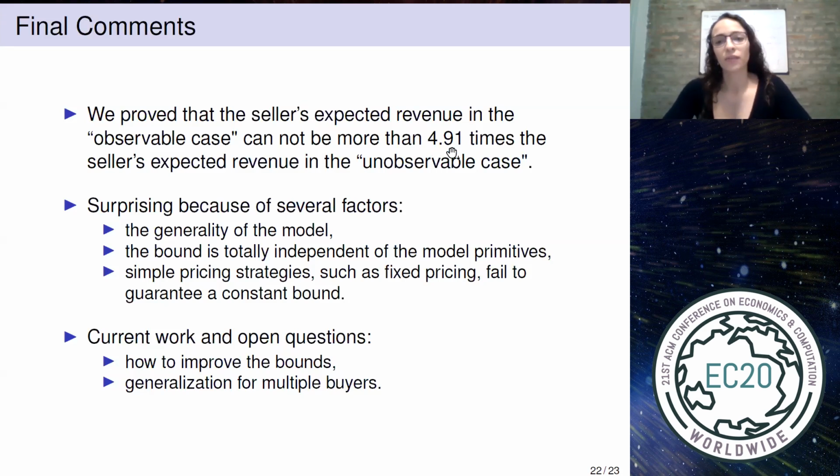It holds for every valuation distribution, every arrival distribution, and every seller and buyer discount rate. So it's very general. On the other hand, note that we obtain a constant bound. This bound doesn't depend on any of the parameters of the problem. In general, simple pricing strategies such as fixed pricing fail to guarantee a constant bound. And that's why this result is really interesting and surprising.